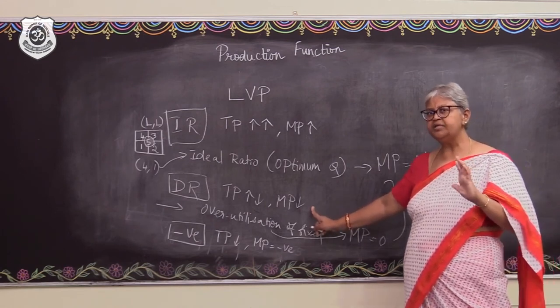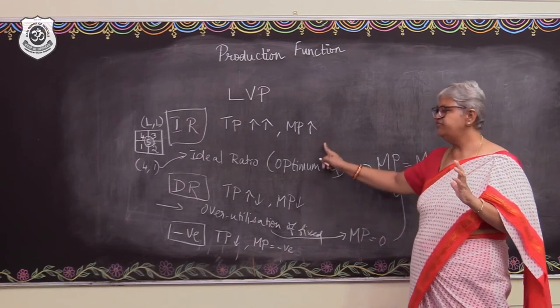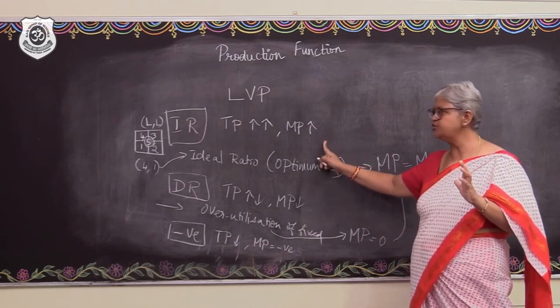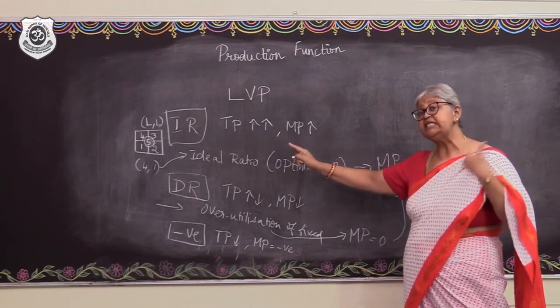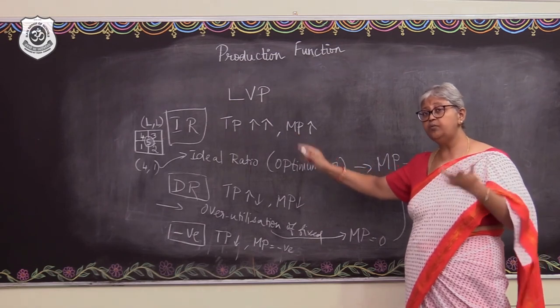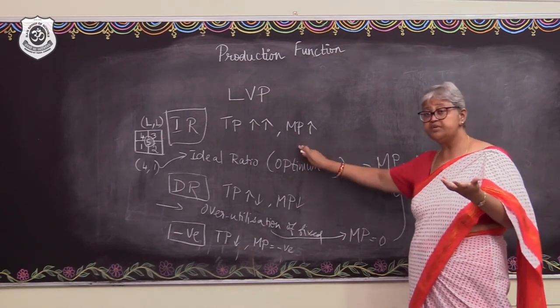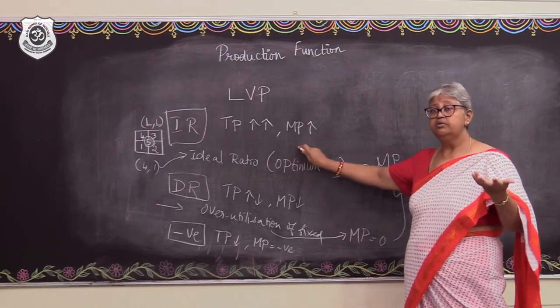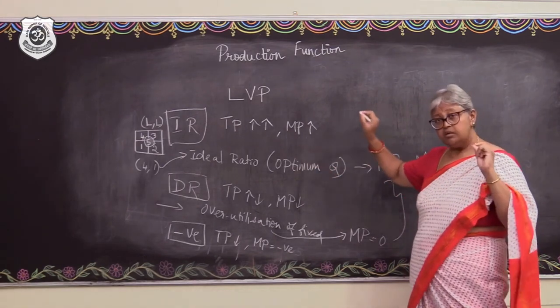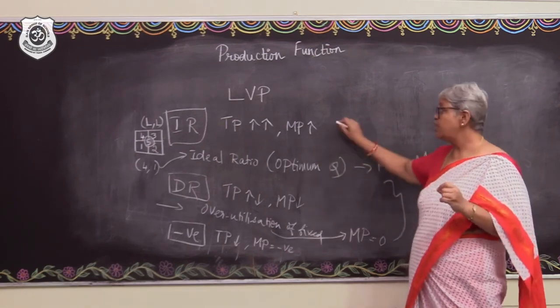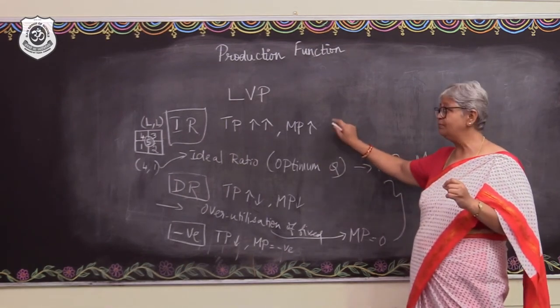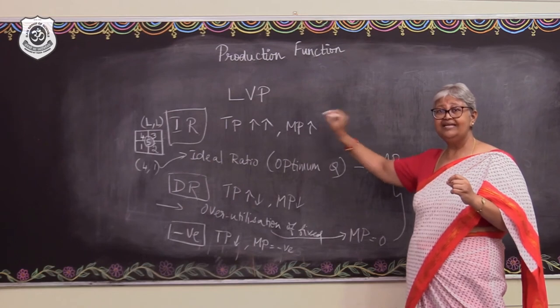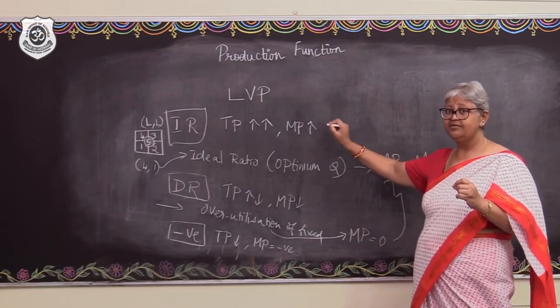No rational entrepreneur will stop production in the very first stage. In the very first stage, the total product is increasing at an increasing rate. That is, the total output is increasing. Very efficient production. There is scope for increasing the output more. So no rational entrepreneur will stop production at this increasing returns phase, right?